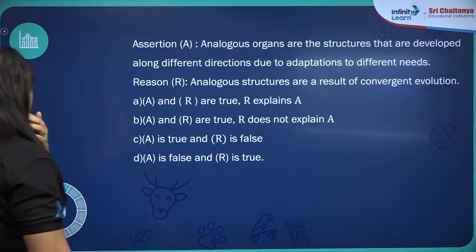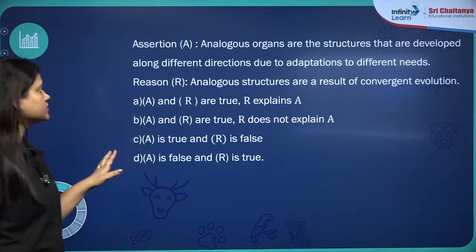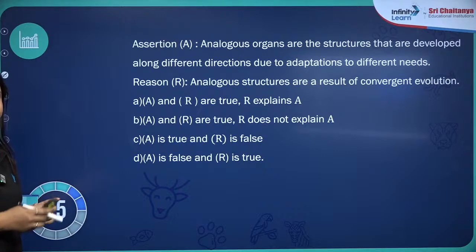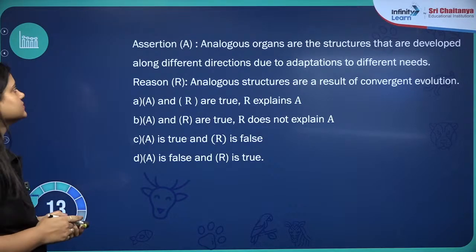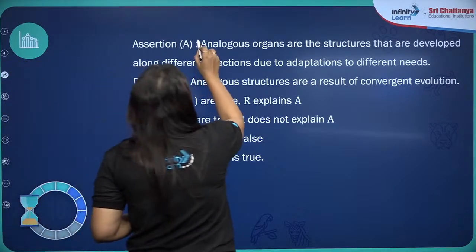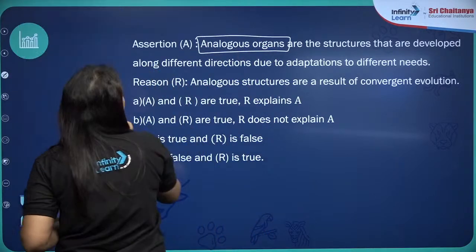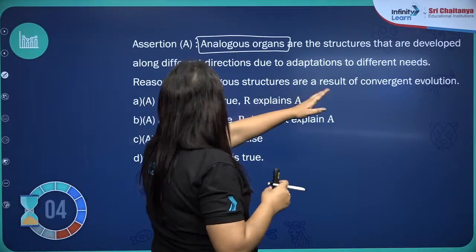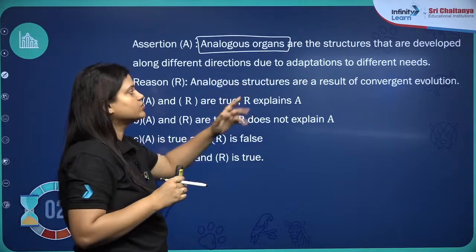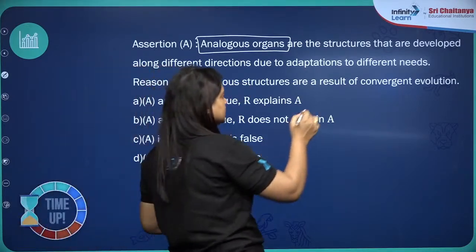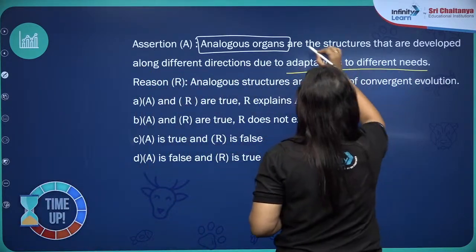So again, this is a question from evolution. Pay attention to the analogous organ. Analogous organs are the structures that are developed along different direction due to adaptation to different need. Now what are analogous organs?